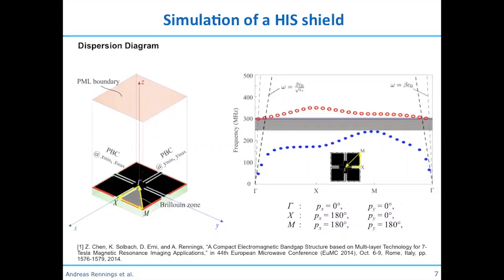Here, when we go along that direction, we start at the phase origin, that would be here, the so-called gamma point. Then we increase the phase shift in X direction. Then we go along that point here. Then we go on from X to M. We go that direction, and then back to the phase origin.